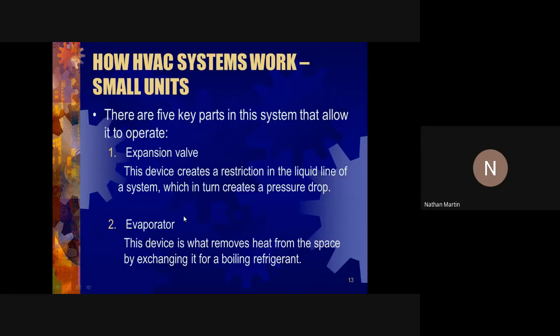All that I just said, we have put in words to describe the different parts of the system. We have the expansion valve. This device creates a restriction in the liquid line, which in turn creates a pressure drop.